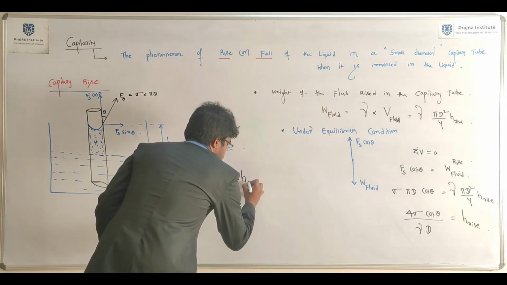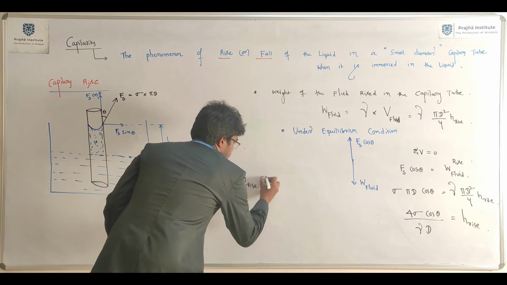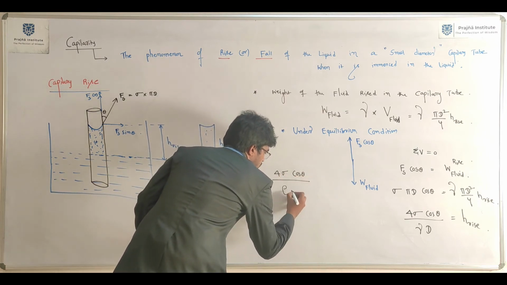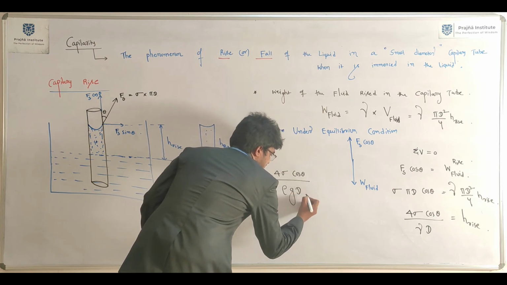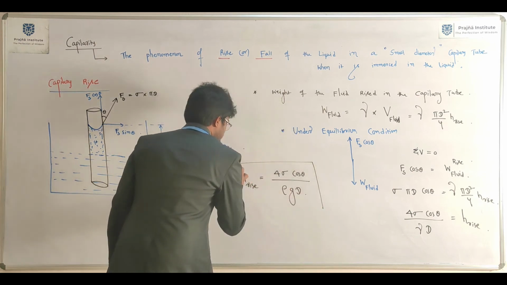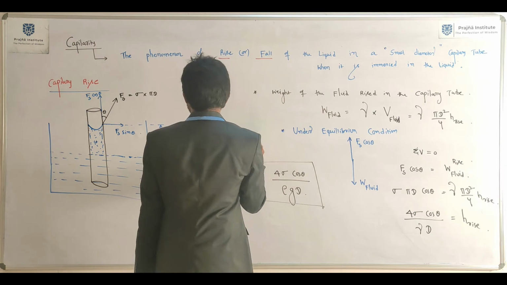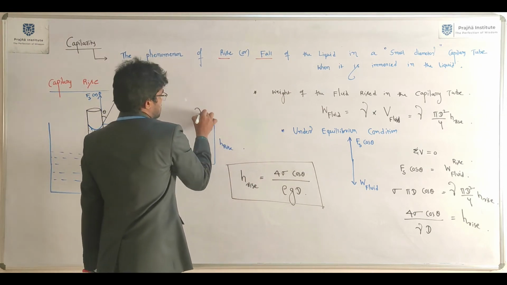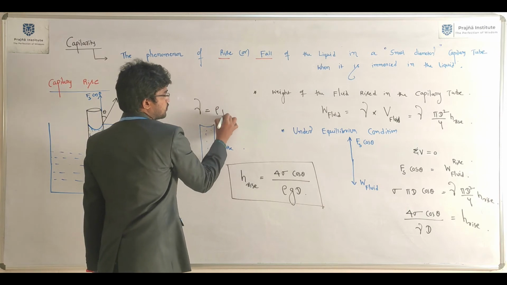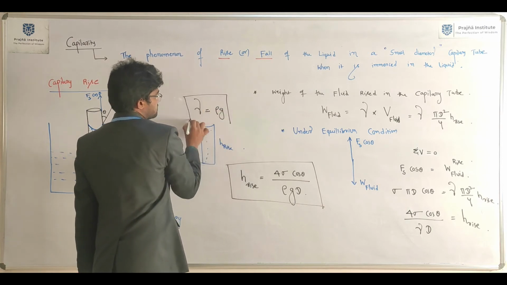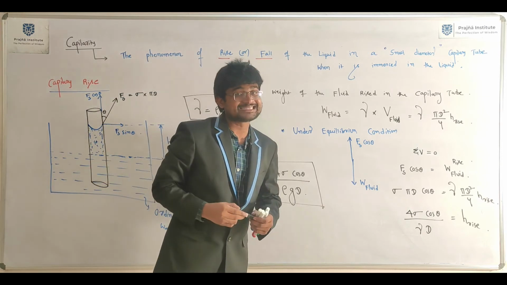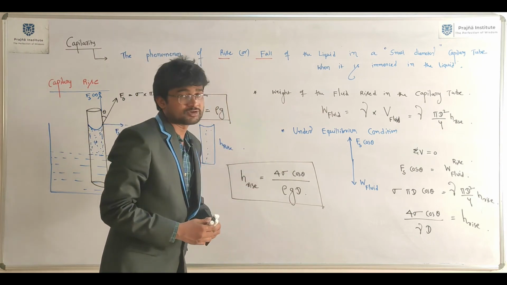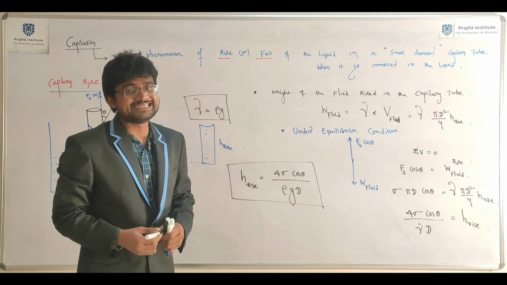Finally, H rise equals 4 sigma cos theta by rho g d. Gamma equals specific weight. We know that specific weight, or weight density of the fluid, is nothing but rho g. So H rise equals 4 sigma cos theta by rho d g.